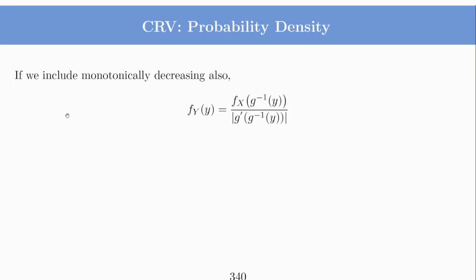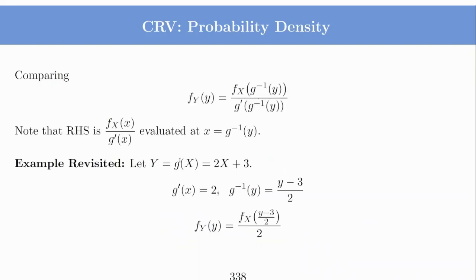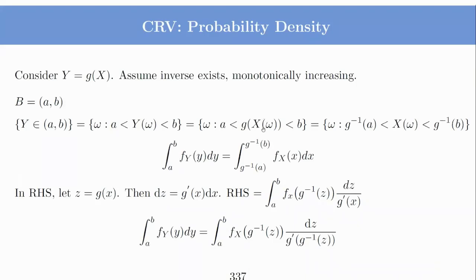So now we will extend our calculation a little bit more. If we include a monotonically decreasing function also, the only difference you will see when you are calculating this is that, for a monotonically decreasing function, this condition will be equivalent to saying that x is between g inverse of b and g inverse of a.